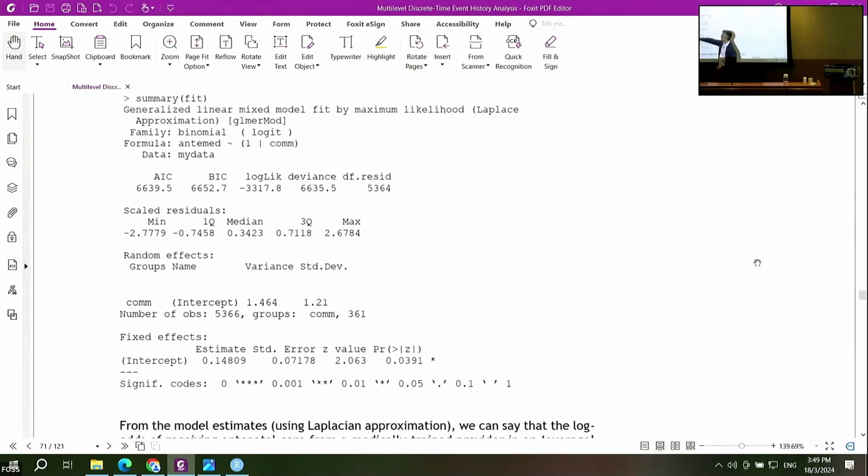That's the variance, 1.464. That's the standard deviation, 1.21. We can't divide this by this. We can't use a t-test. So how do we know whether we need a multi-level model? How do we know whether the variance at the community level is significant? Does it significantly improve the fit of the model?